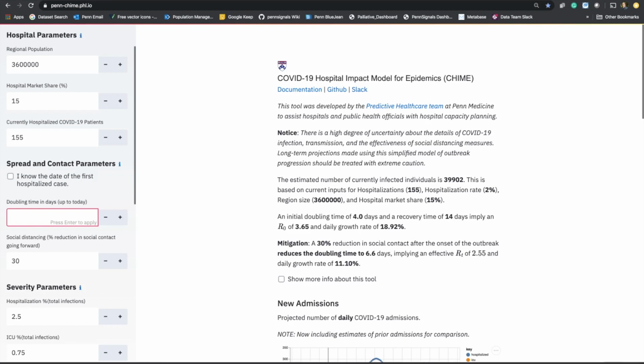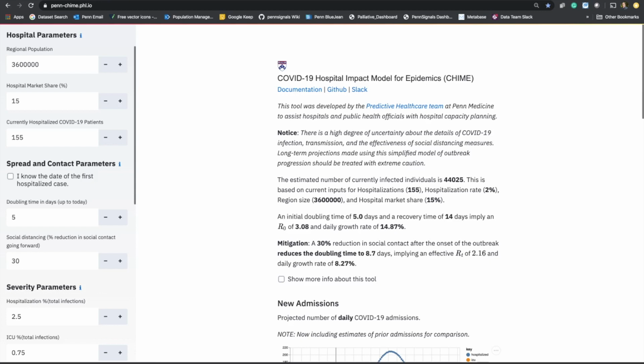Just update that to 5, and what you can see over in the output panel is that a doubling time of 5 would imply an R naught of 3, meaning any infectious person is going to infect a total of 3 susceptible people during their infectious period. This 3 value might be more in line with some recent publications, and we're just going to keep it at 5.